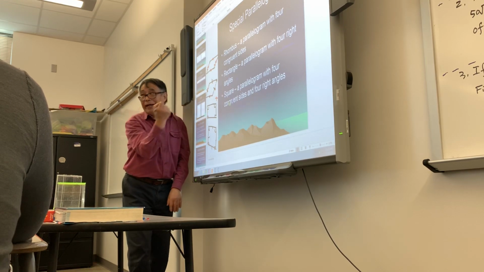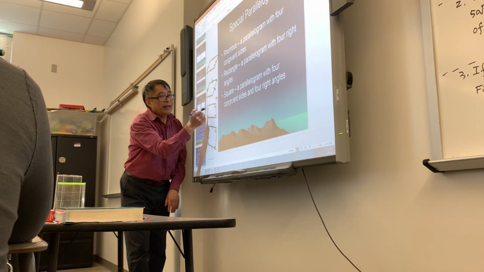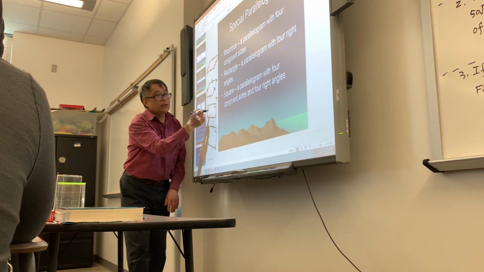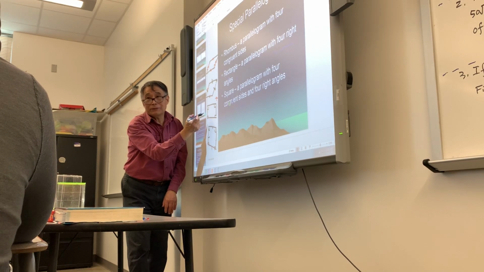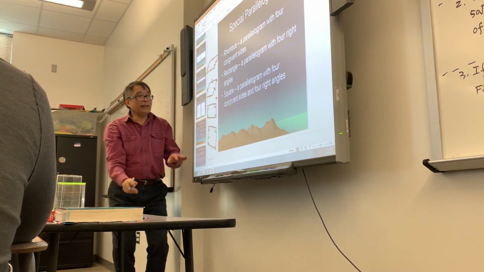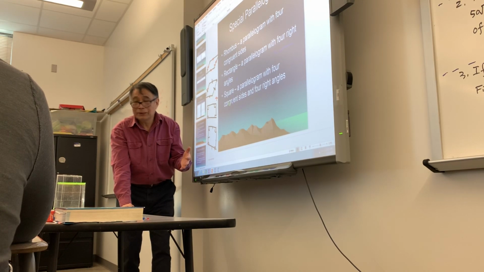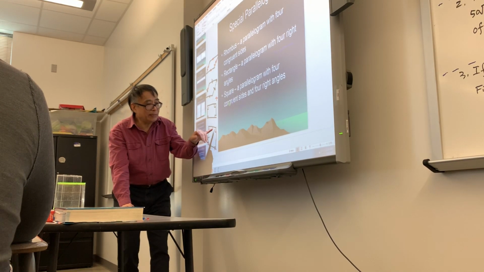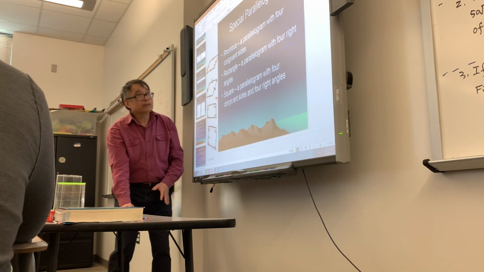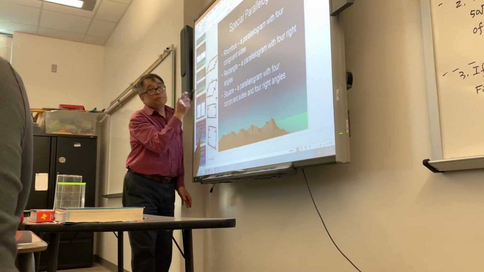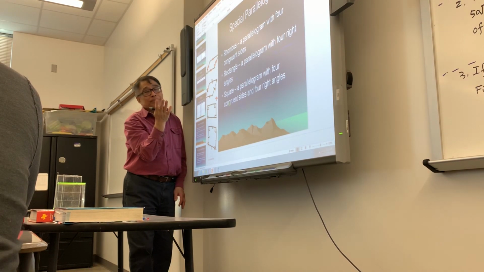If every angle is congruent, every angle is 90 degrees, we call this one what? Rectangle. Do you understand, please? If not only every side is congruent, but also every angle is congruent, 90 degrees, what is this? Square. So special parallelograms, we have 3.